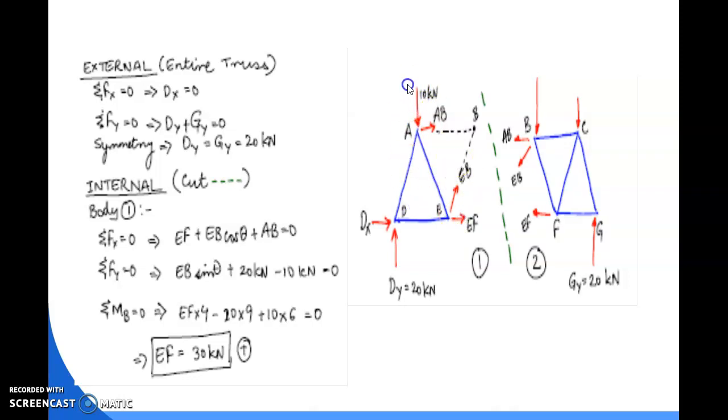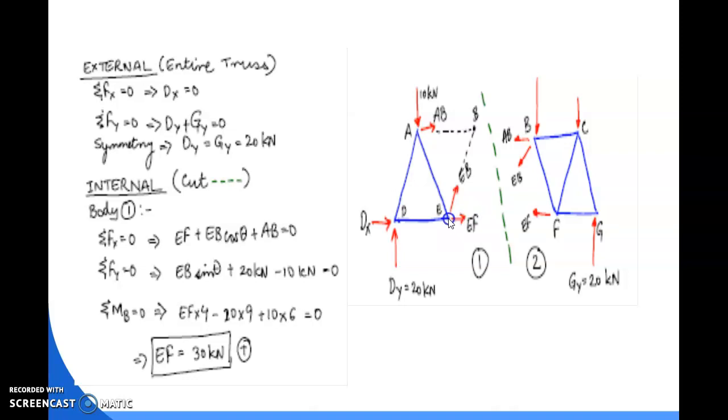Now for the force EF, the moment about B should be FEF into 4, because the distance from this member up to B is the height of the girder, and you know that in the question the height of the girder is 4 meter.